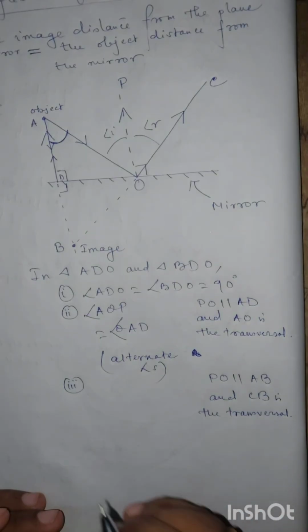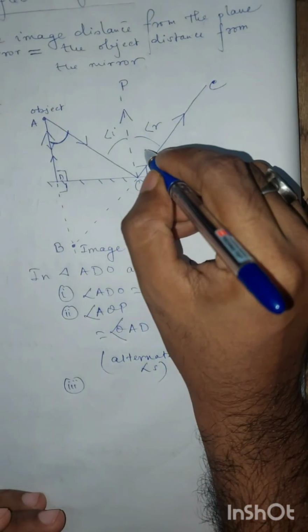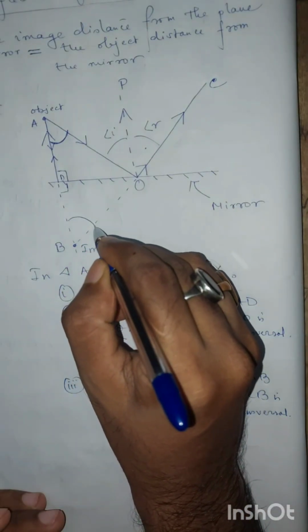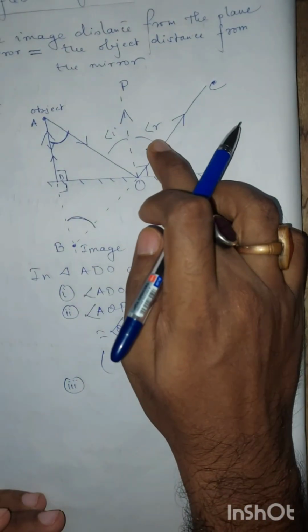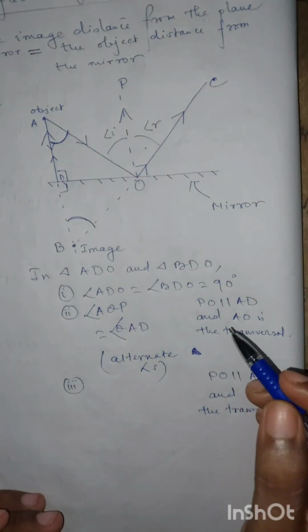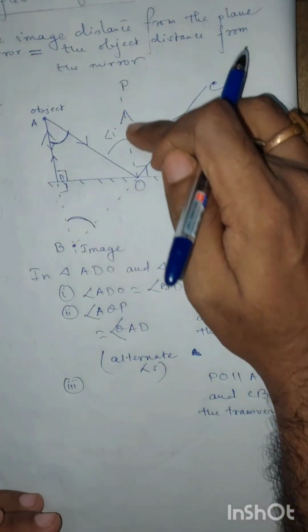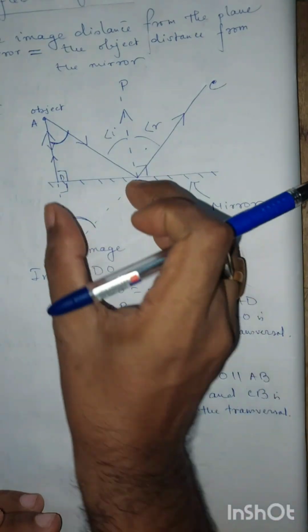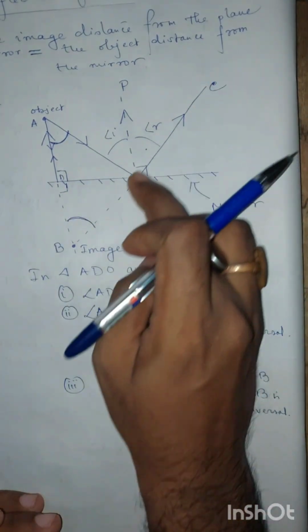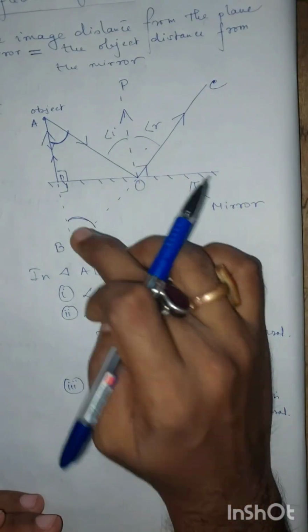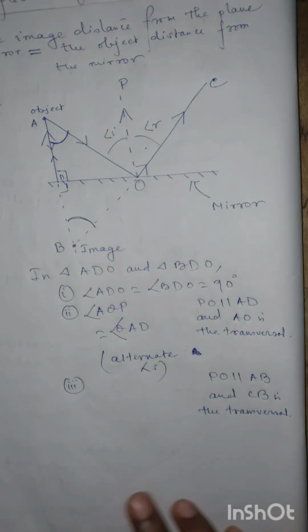Therefore, we can say this angle should be equal to this angle. Why? See the diagram carefully. This is a perpendicular, this is another perpendicular. These two are parallel, and this is a transversal. So these two angles should be equal because they are corresponding angles.